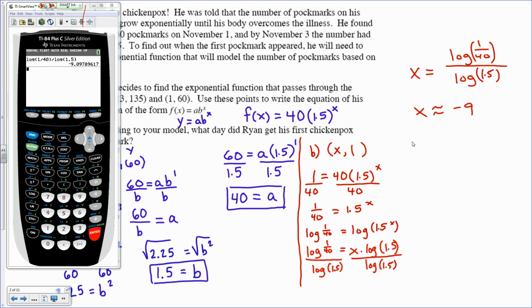So we can then say that Ryan got his first pockmark back around, let's say probably about October 22nd.